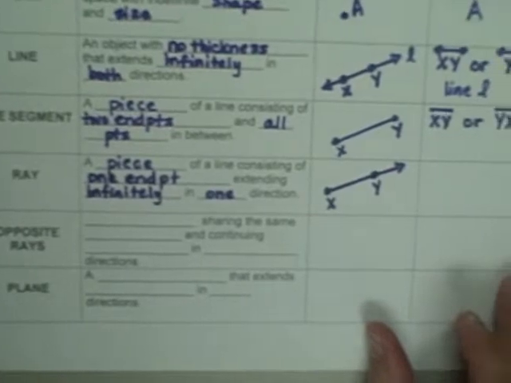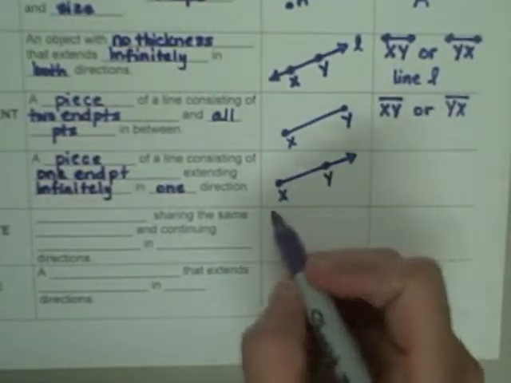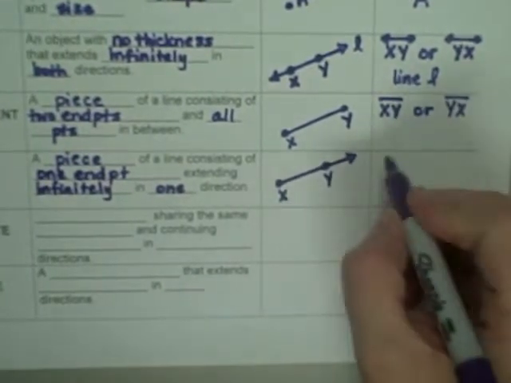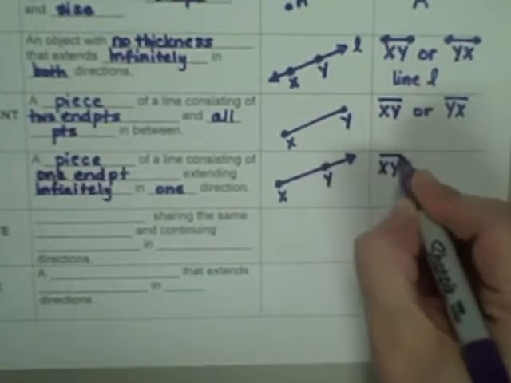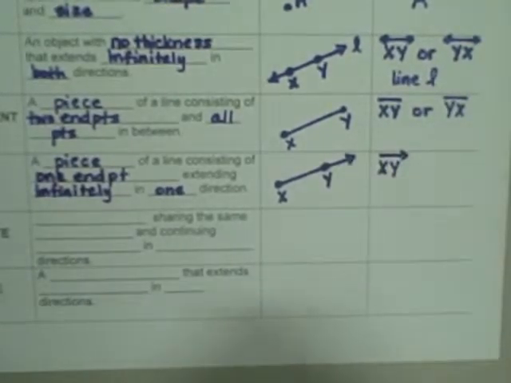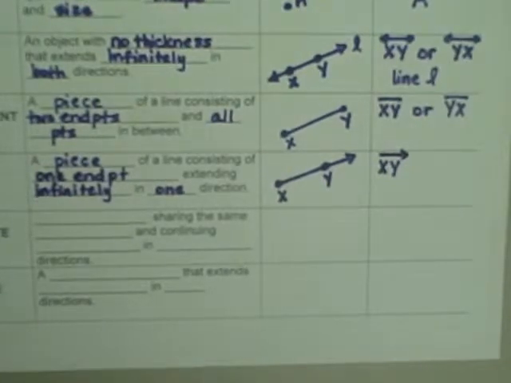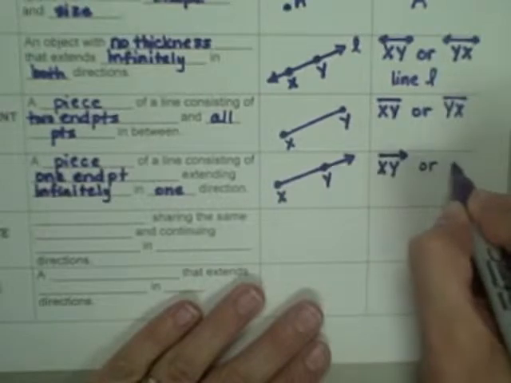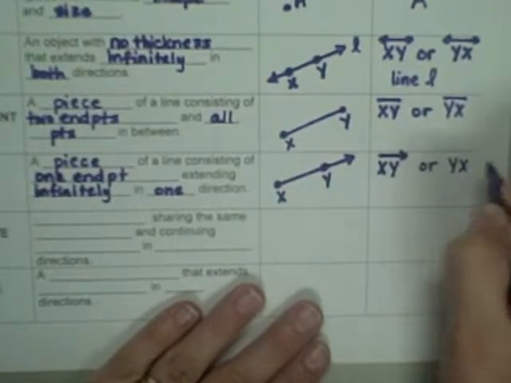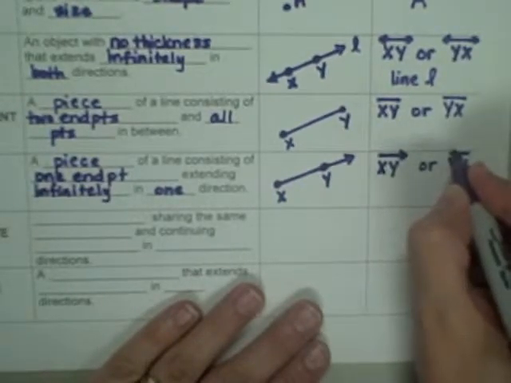When we name the rays, we have to be careful because it is definitely X that is the endpoint. So we make sure that we put the Y with the arrow. Now I could have written this as ray YX, and traditionally we do not, as long as I make sure that the Y has the arrow.